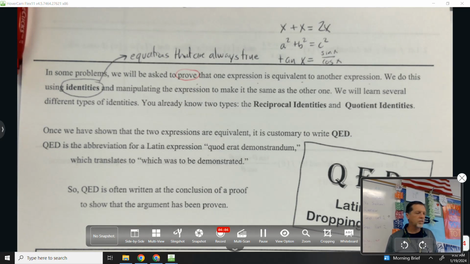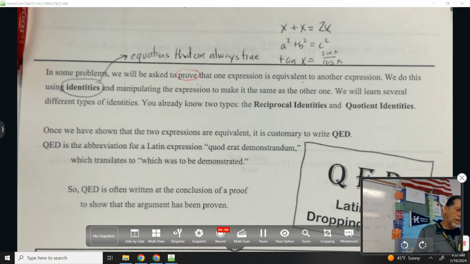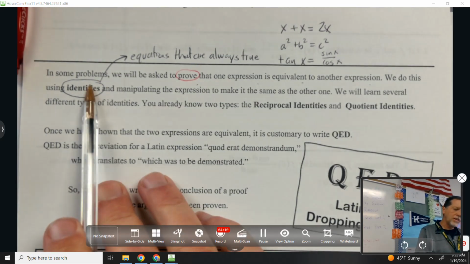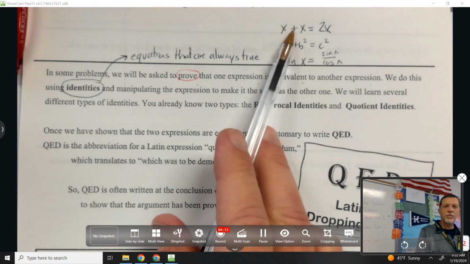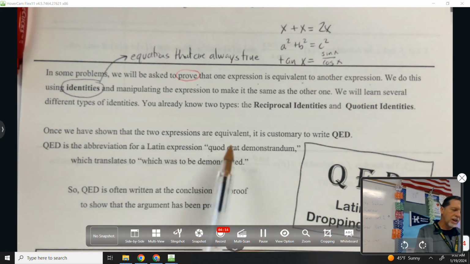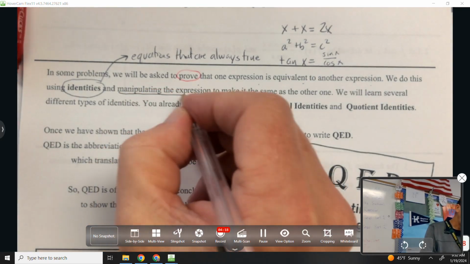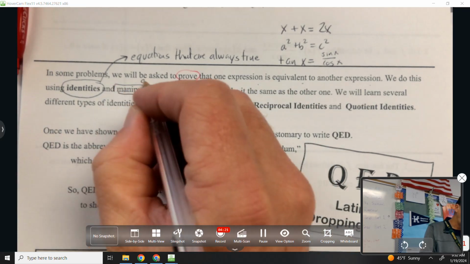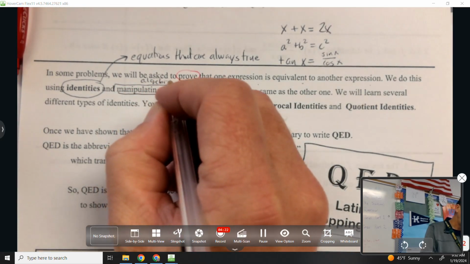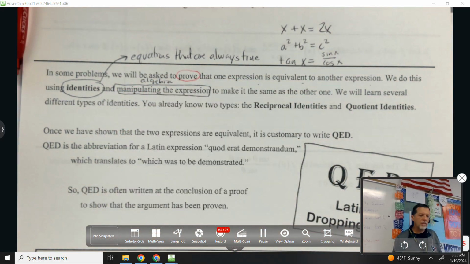Tangent's always equal to sine over cosine. So we'll use those identities, less x plus x equals 2x, more trig, and manipulating the expression, fancy word for algebra, to make the sides equal to each other. So it is not a geometry proof. It is work on one side to make it look like the other.